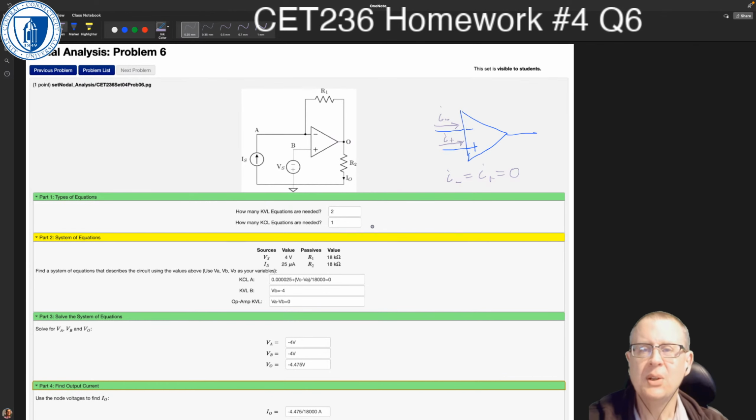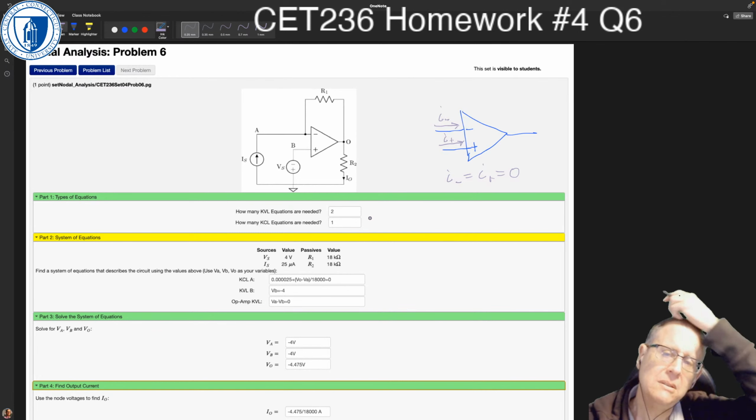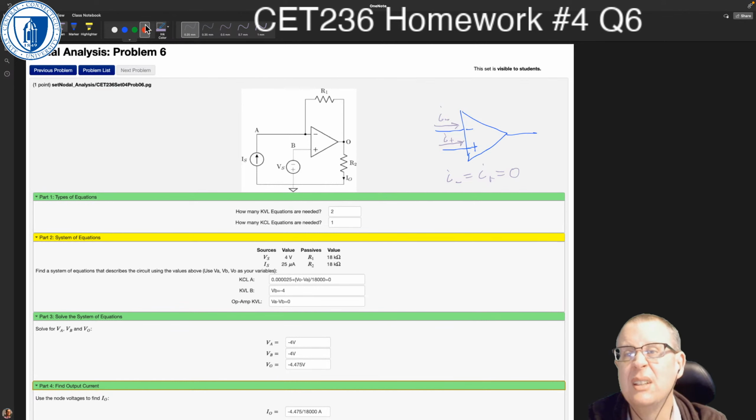Okay, so let's have a look at this. What are we doing? Well, we've got to find the nodes.